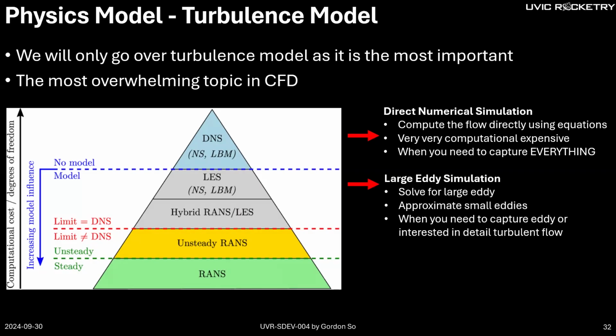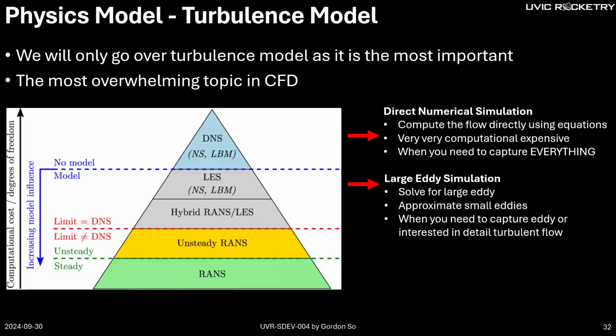And then one level down would be to fit a model to simplify the problem. We start to consider eddies. Your flow comes here and then you have some eddy. Maybe something has a bump that caused this. And then of course you have small eddies, so tiny that you cannot really capture them fully.